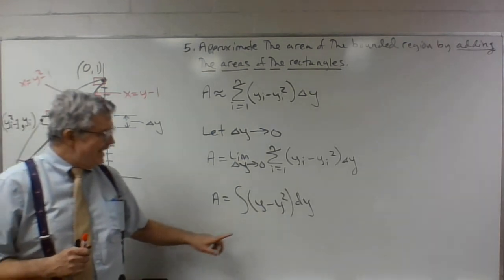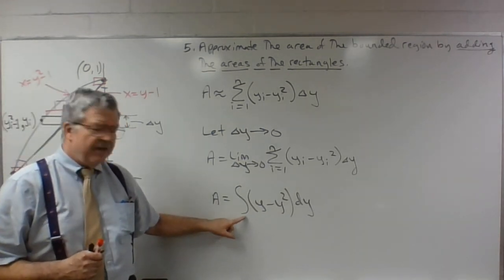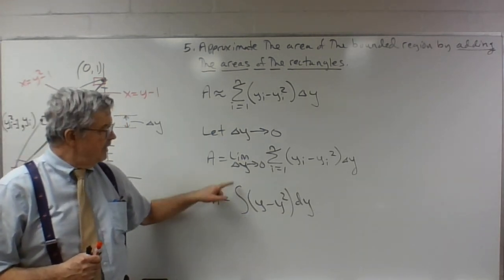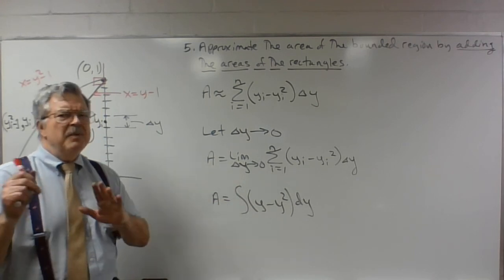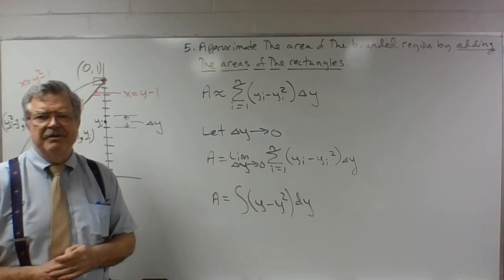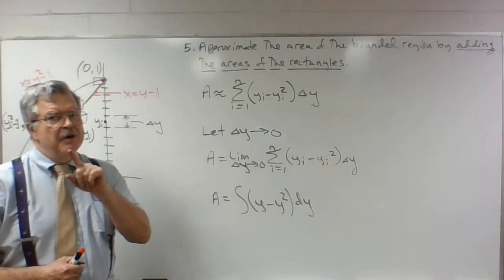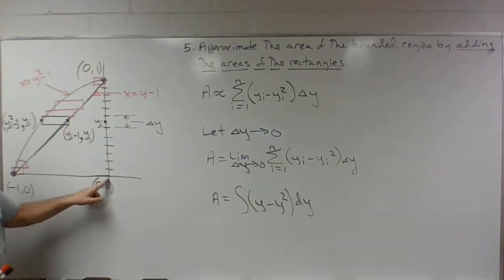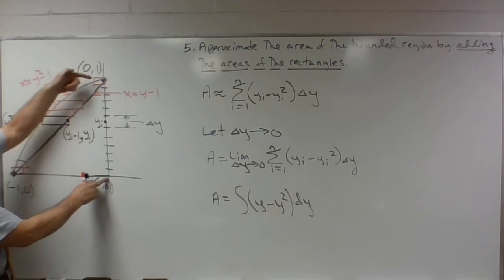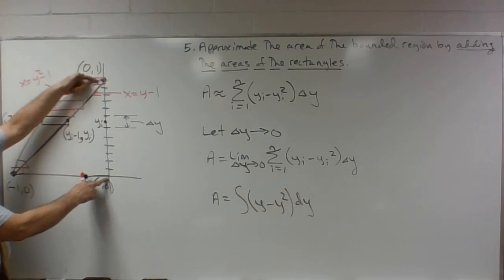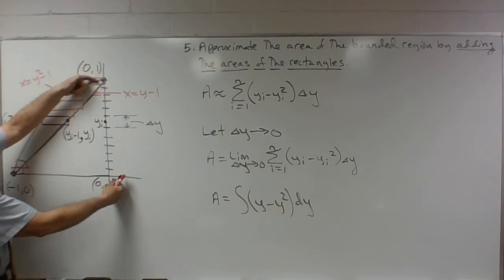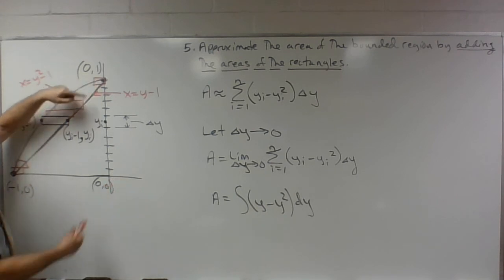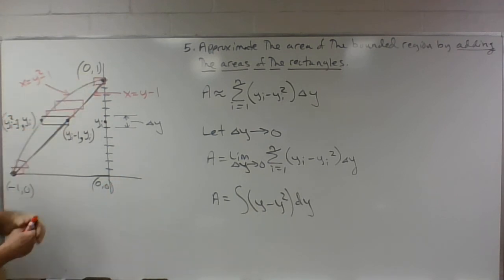And this is a definite integral, which means we have to have a lower limit and an upper limit. How do we get those limits of integration? We go back to step 3, and we look at the interval that we partitioned into subintervals. That interval goes from y equals 0 to y equals 1.